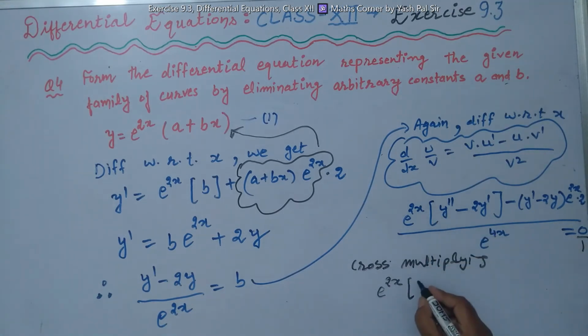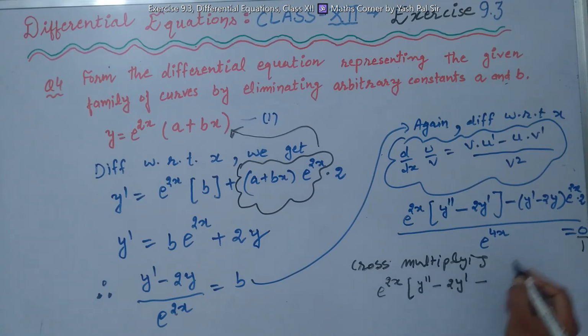So we are left with y double dash minus 2y dash minus 2 into y dash minus 2y, that is minus 2y dash plus 4y, right hand side becomes 0, right?